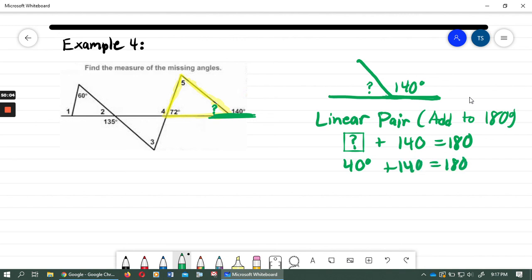So this angle measurement right there has to be 40 degrees. Now we've used our knowledge about this linear pair to find one of the other angles in this triangle.